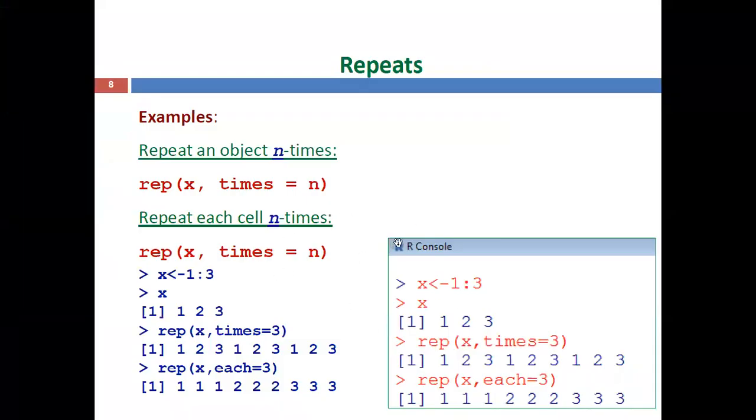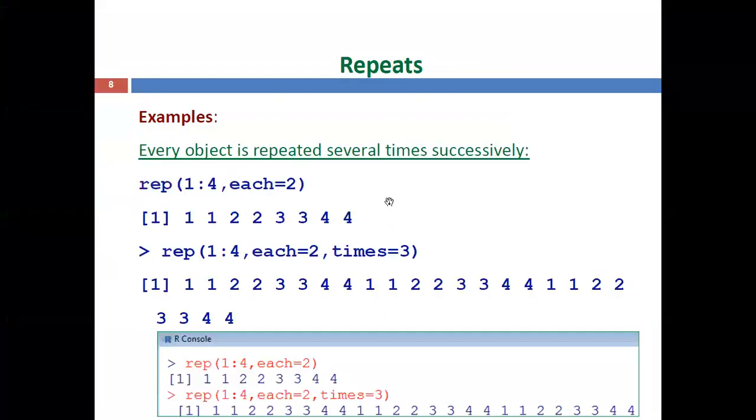So these are all the outputs we've seen. Then coming to another representation, by combining both, every object is represented several times successively. For example, this command we already executed, rep of 1 to 4 each equal to 2.